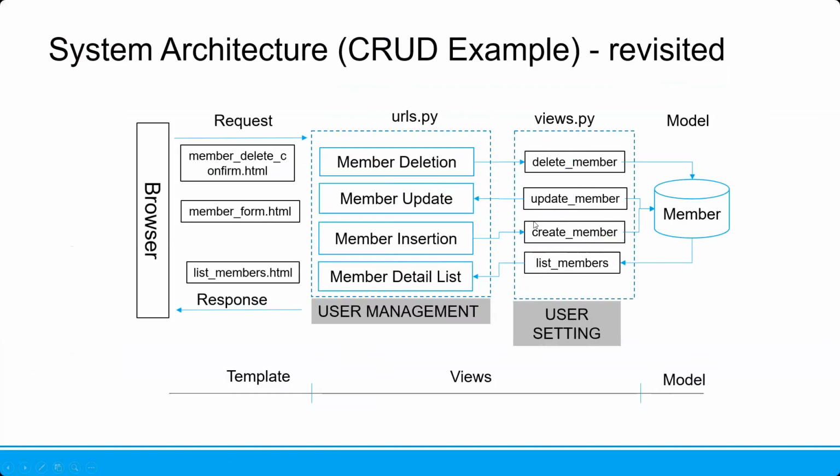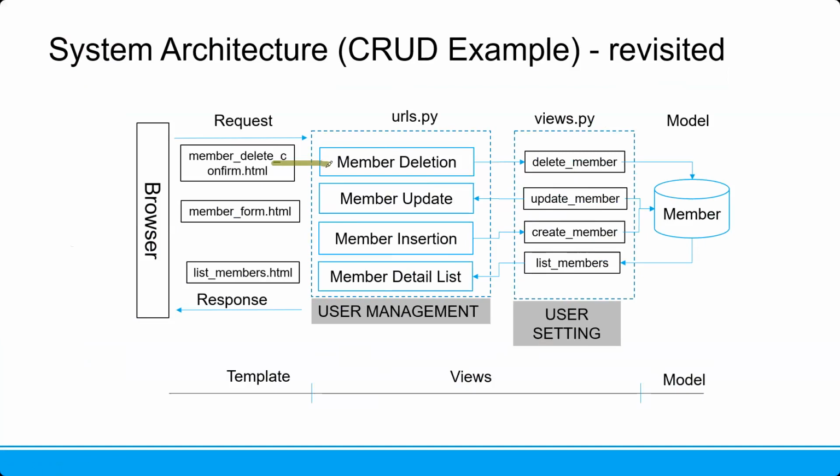And then whenever you want to do the HTML, it depends on the user management. This urls.py is just to go to a particular path. It means if we delete, we go to member delete.